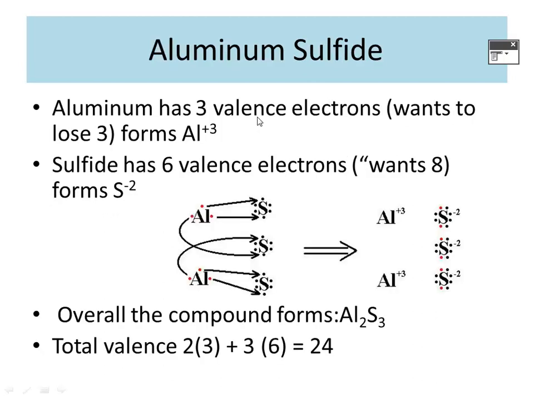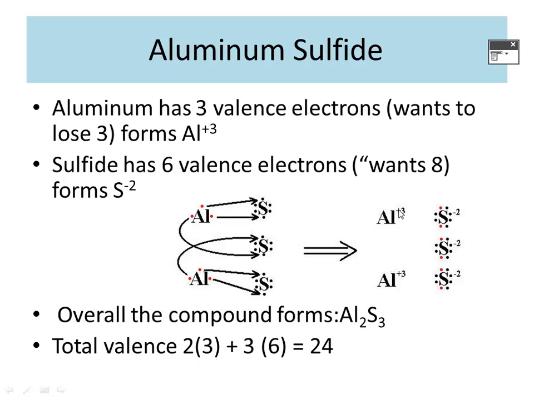So aluminum, don't copy this down, just pay attention. Look up here. Aluminum has a +3 charge. Sulfide has a -2 charge. It's because of what we talked about. Aluminum loses 3 electrons. Sulfur gains 2. So what happens is we have to form a ratio to cancel out the positive and negative charge.